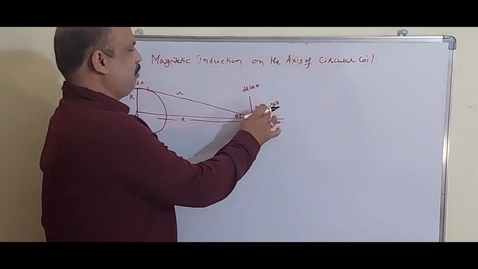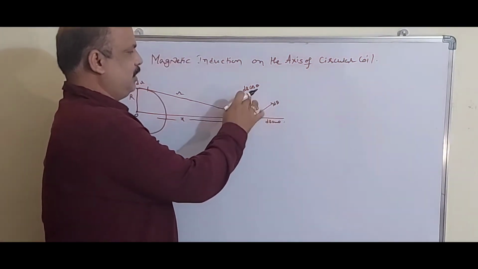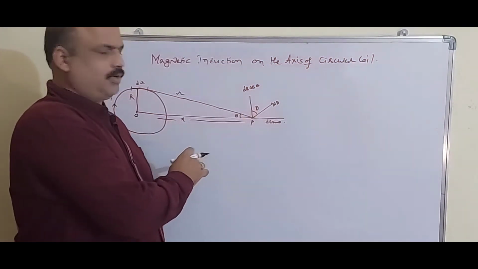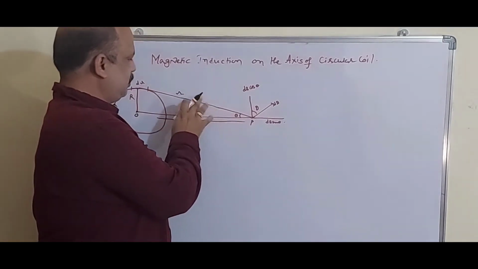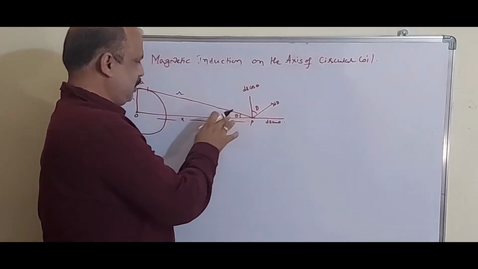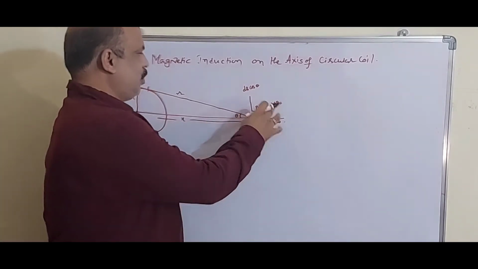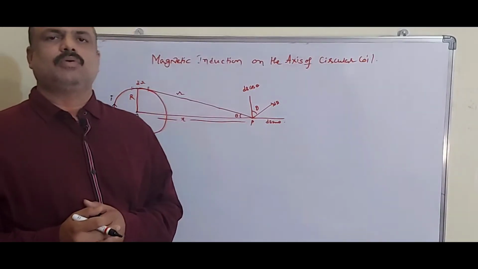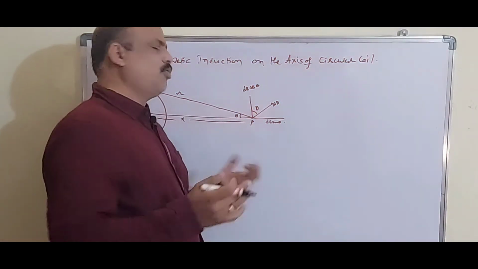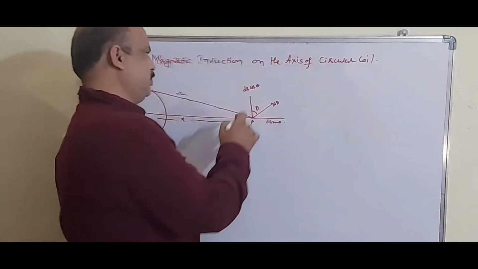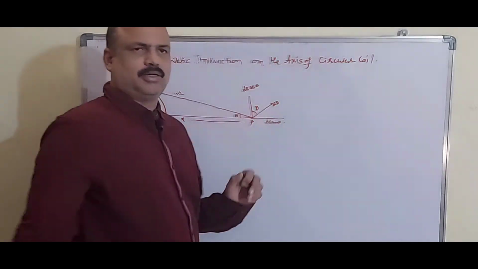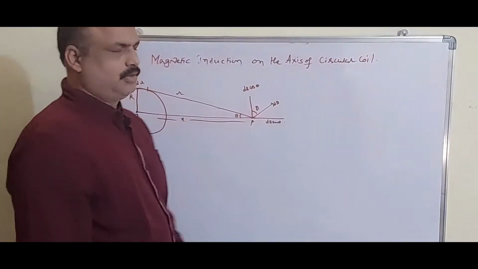This dB makes an angle theta with the vertical. If this angle is theta, this other angle also becomes theta. Now this dB is divided into two components: one is dB cos theta and another is dB sin theta.